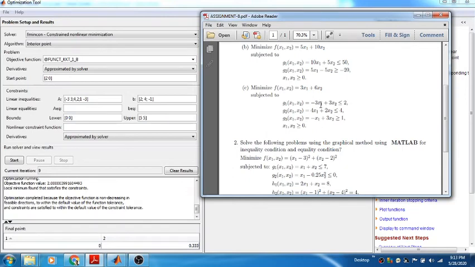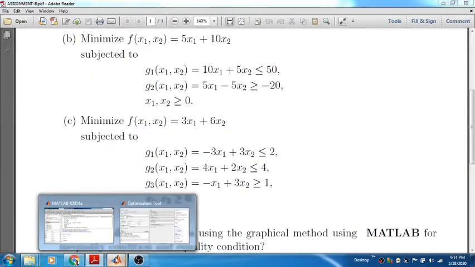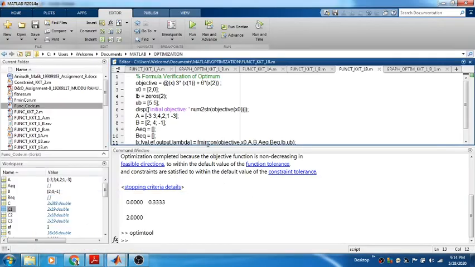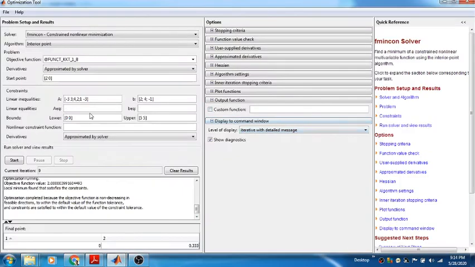You can see -3, 3, 4, 2, and here you need to multiply with negative, 1 and -3, and then this will be the b: 2, 4 and -1. We don't have any equality, so no need to write it. Lower will be this value, this will be the upper. I am taking x1 and x2. We don't have any nonlinear constraint.